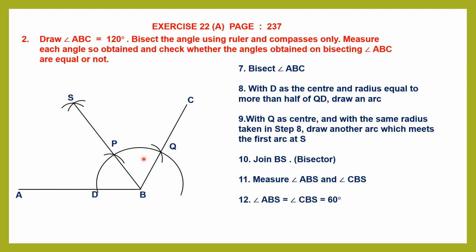Now how do we do it? You can take a protractor. Take a protractor and when you measure, you will see that angle ABS is equal to angle CBS and both are equal to 60 degrees. So with the help of your protractor, measure this side and measure this side. You will see that this side is 60 degrees and this side too is 60 degrees.